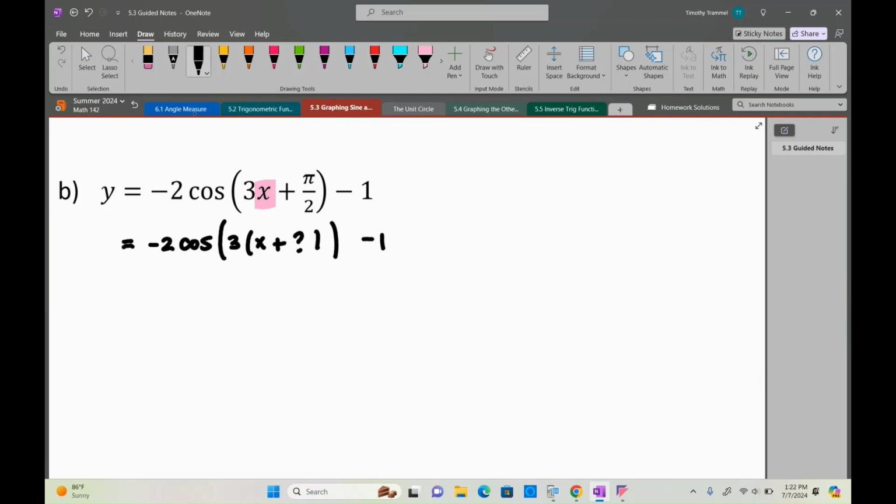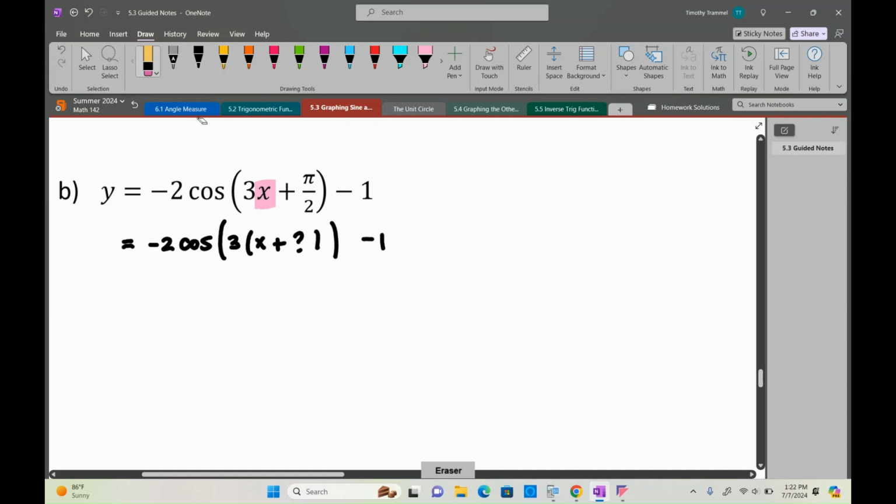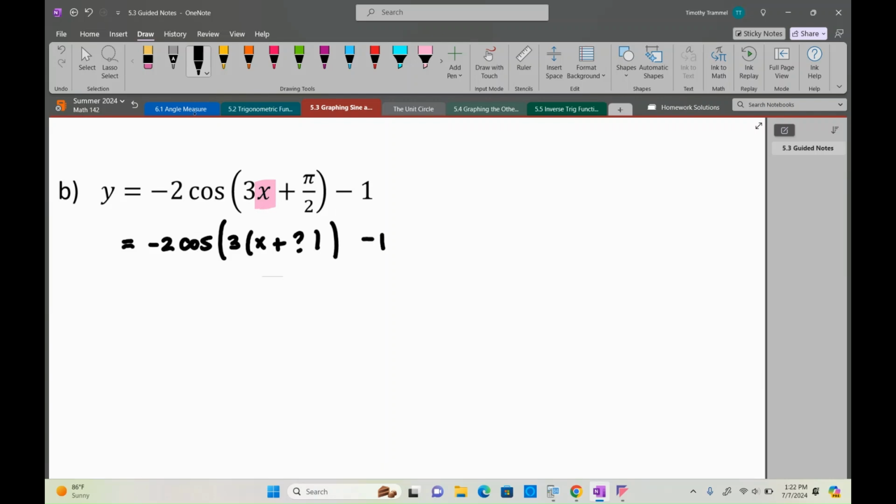You could play a little bit of guess and check, but remember when you factor something out, to test whether you've done it right, you could distribute the 3 back through via multiplication. So if distributing through is multiplication, then factoring out, you could think about using division.